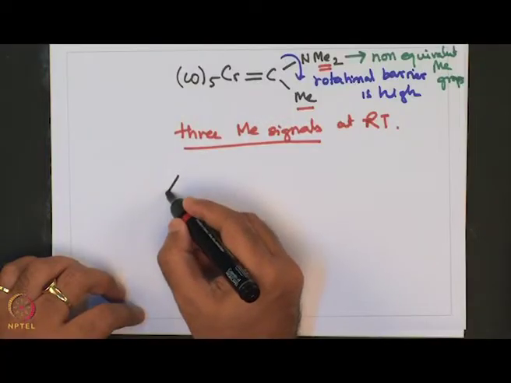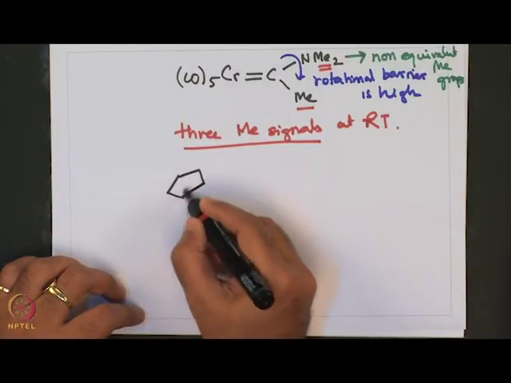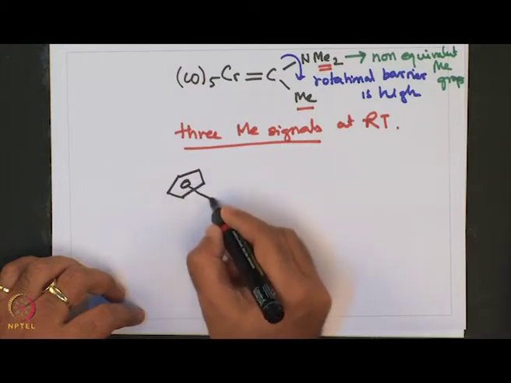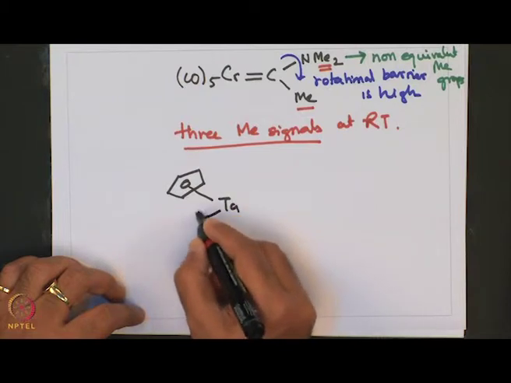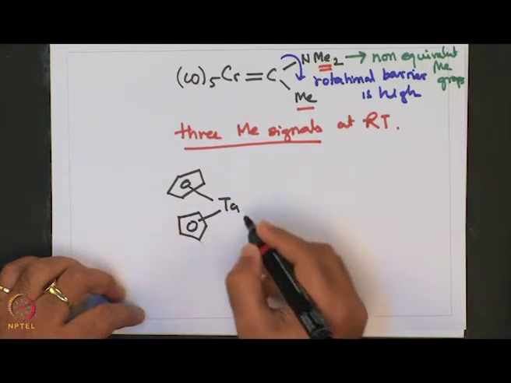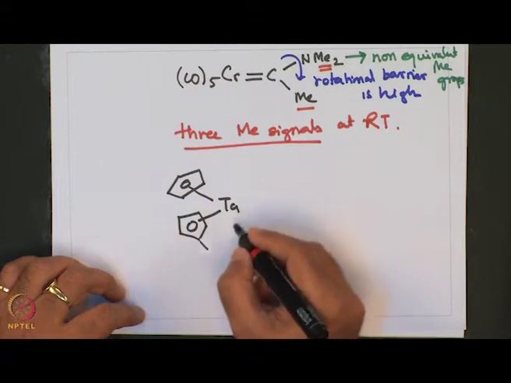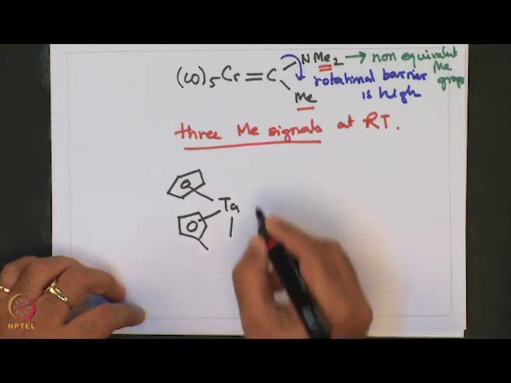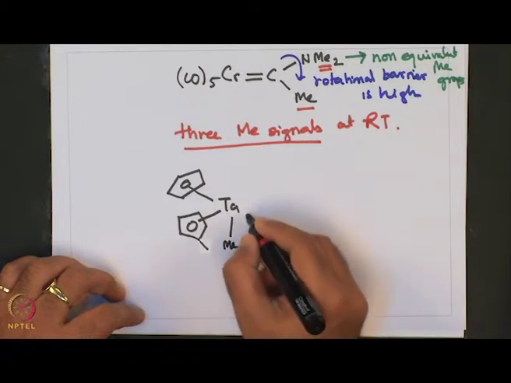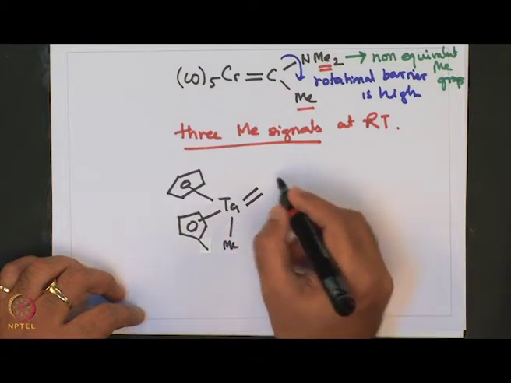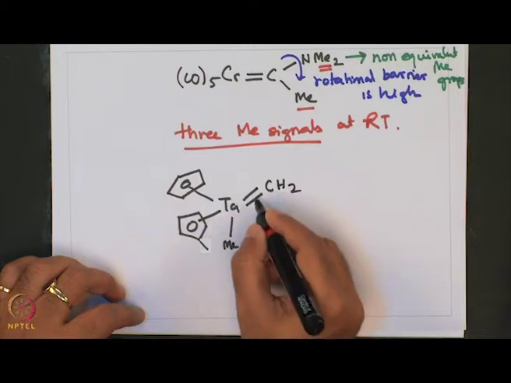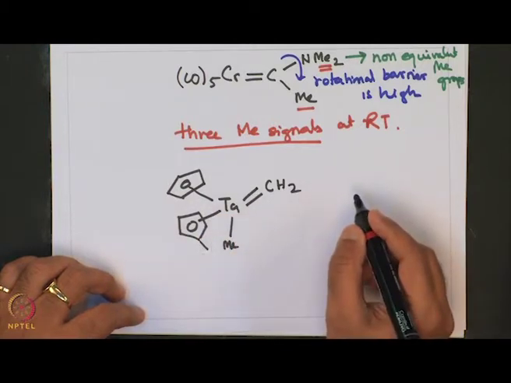Now, in case of Schrock carbene, for example, Cp tantalum methyl complex.